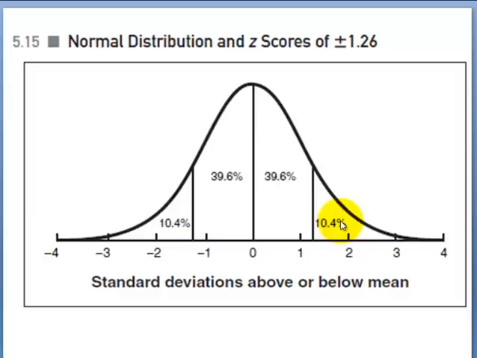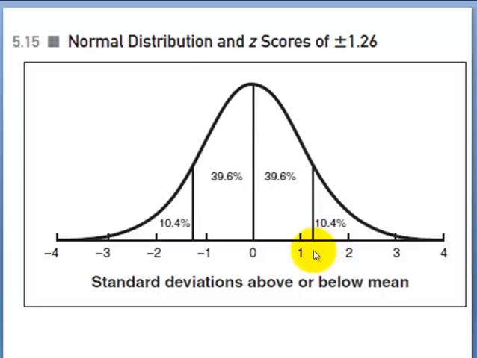Though I'll reiterate later, let me just take a moment to phrase the same question in two ways so that you very clearly see that these are just different ways to ask the same question. First way to ask the question: what percentage of scores in a normal distribution have z-scores of 1.26 or greater? The answer is 10.4%.